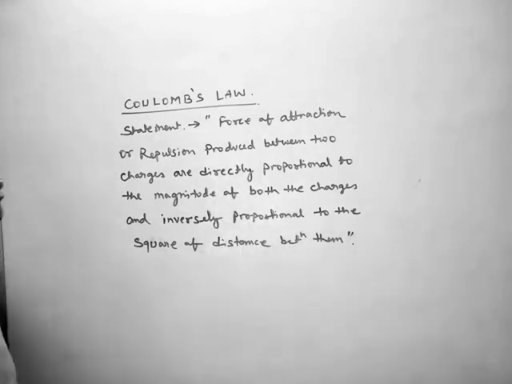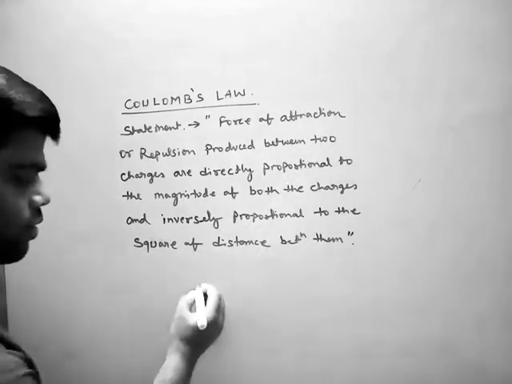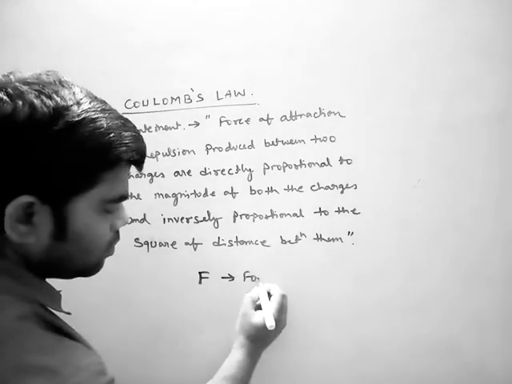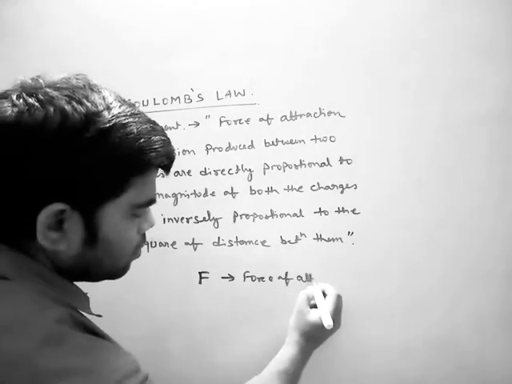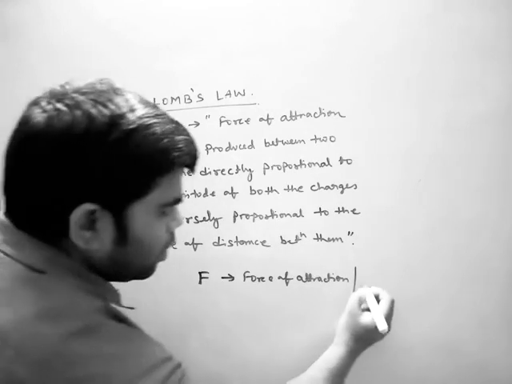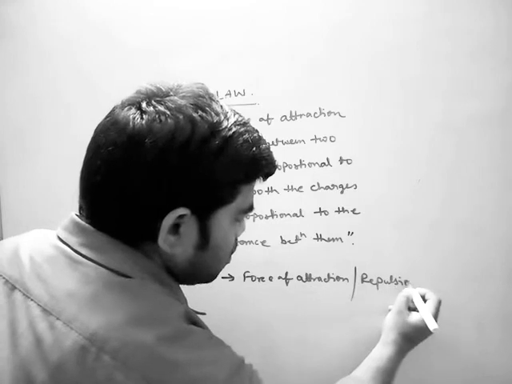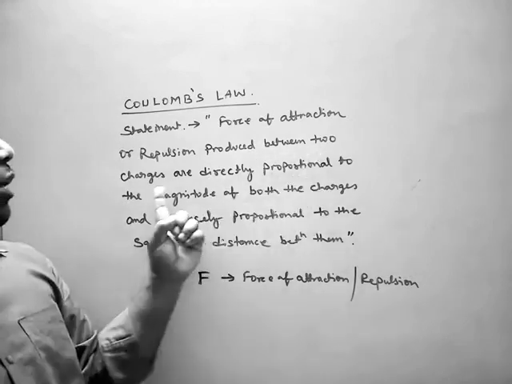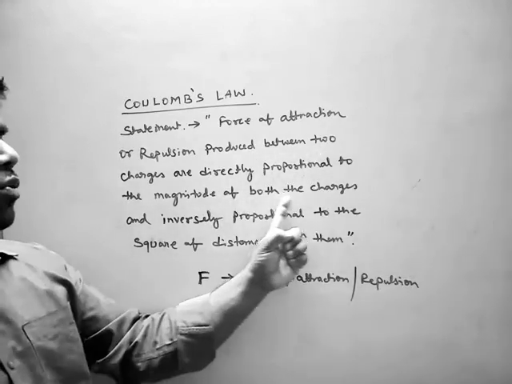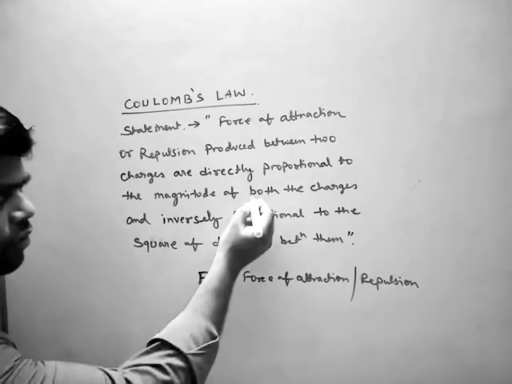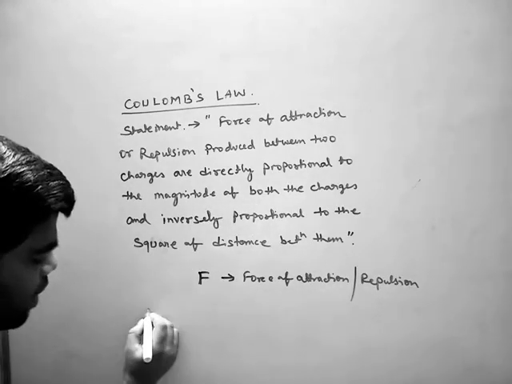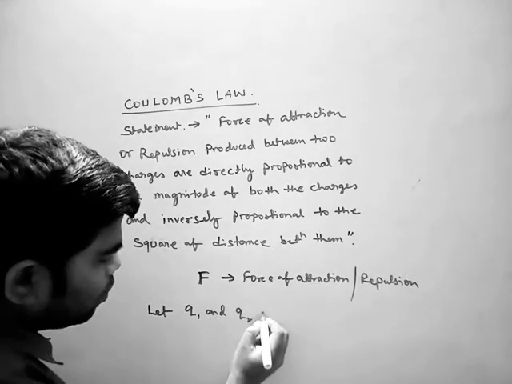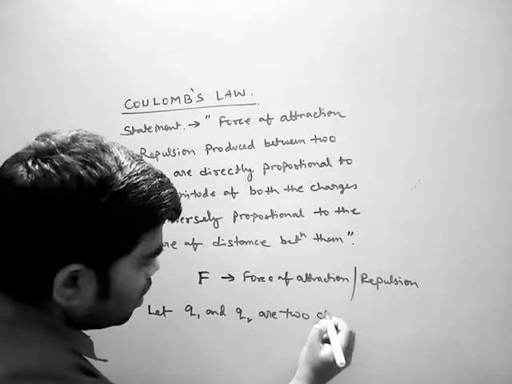This is the statement, once again: F, force of attraction or repulsion produced between the two charges, is directly proportional to the magnitude of both the charges. So in the first statement, let Q1 and Q2 be two charges.